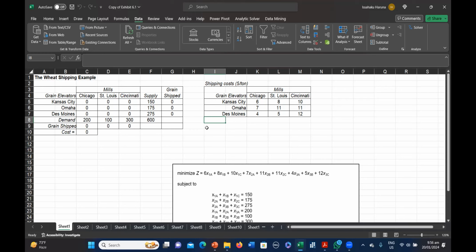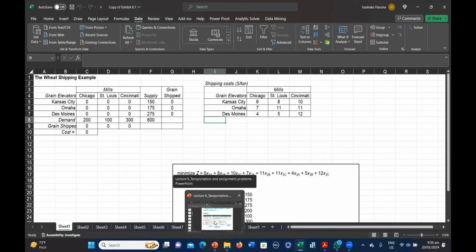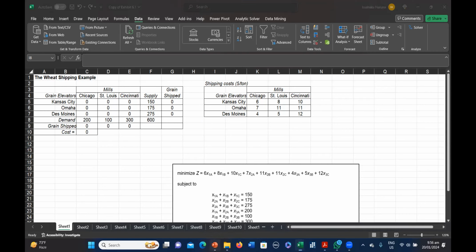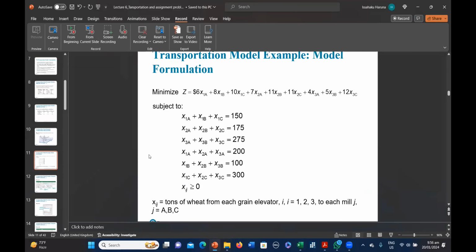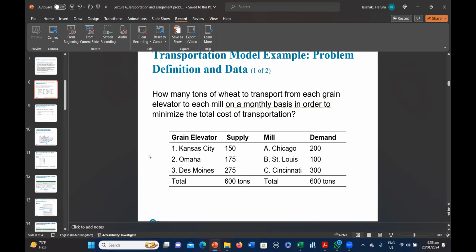So what we need to do is to create the cell structure such that the supply column is provided. Let me show you. These are the total supplies.